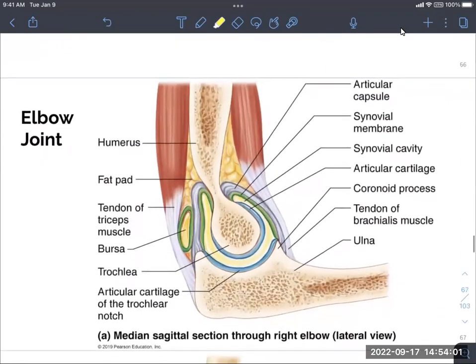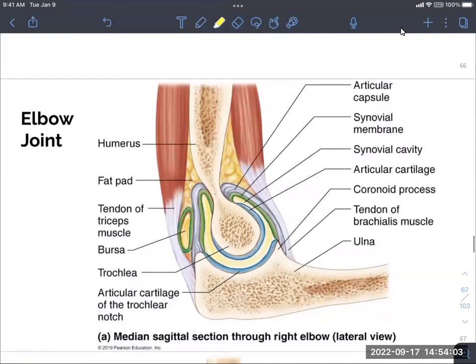So let's look. Again, we have that articular cartilage. Of course, we have to because it's a synovial joint. You have your ulna. You have your humerus. So you see we have little fat pads on both sides of the joint.